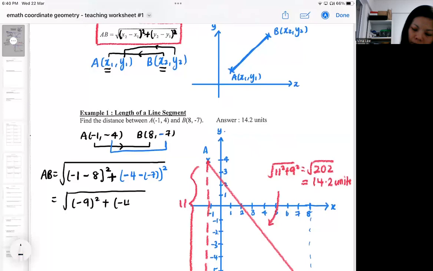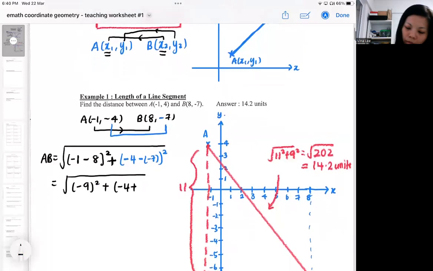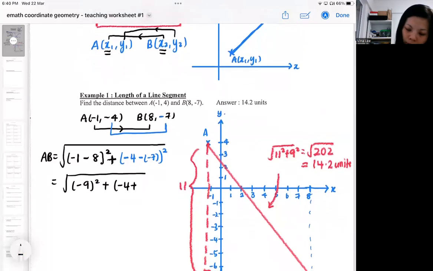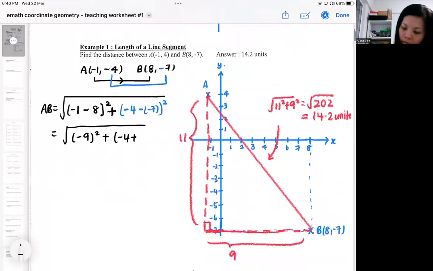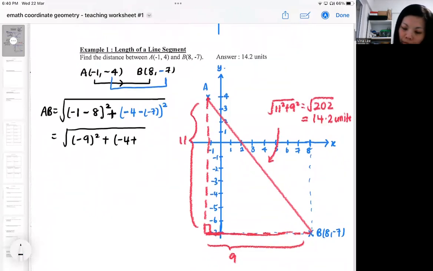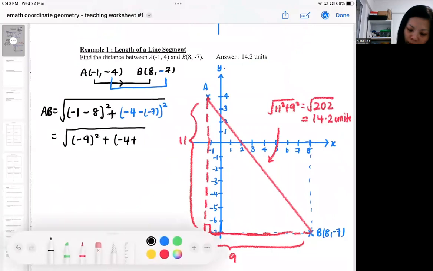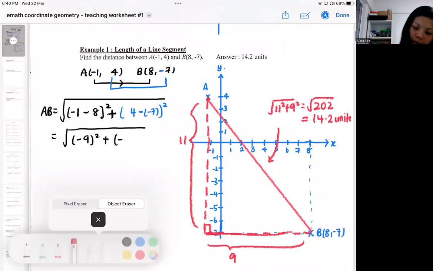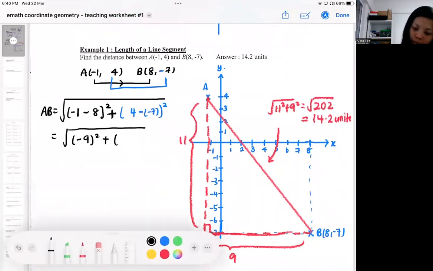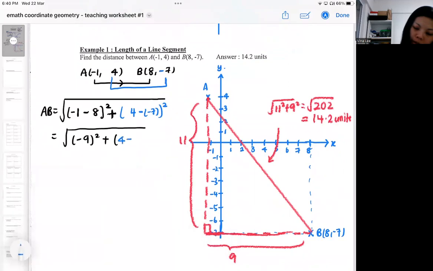You will get, oh sorry, I think I have a careless sign error here. Okay. So I will get 11. So 4 plus 7. So you work carefully, you will still get the answer.